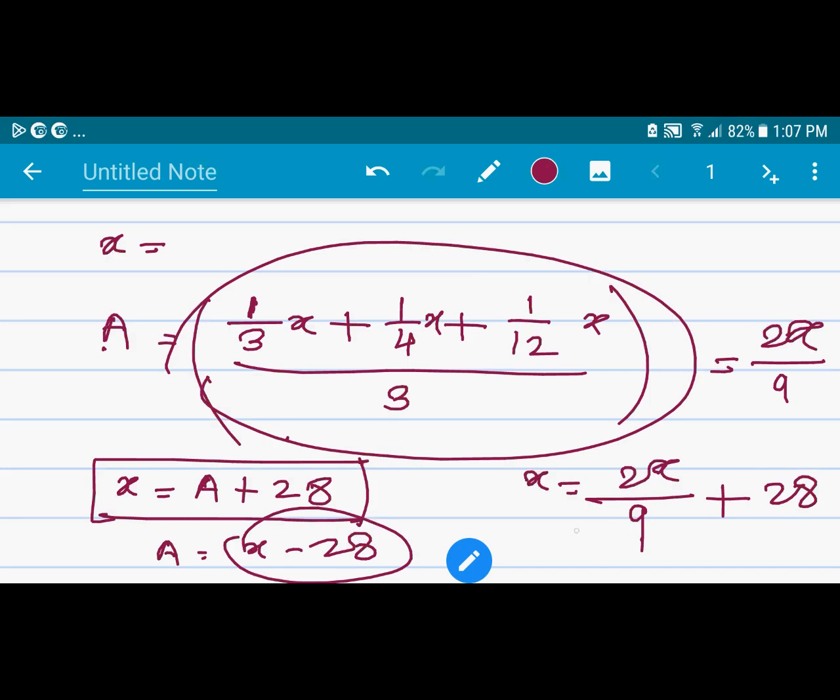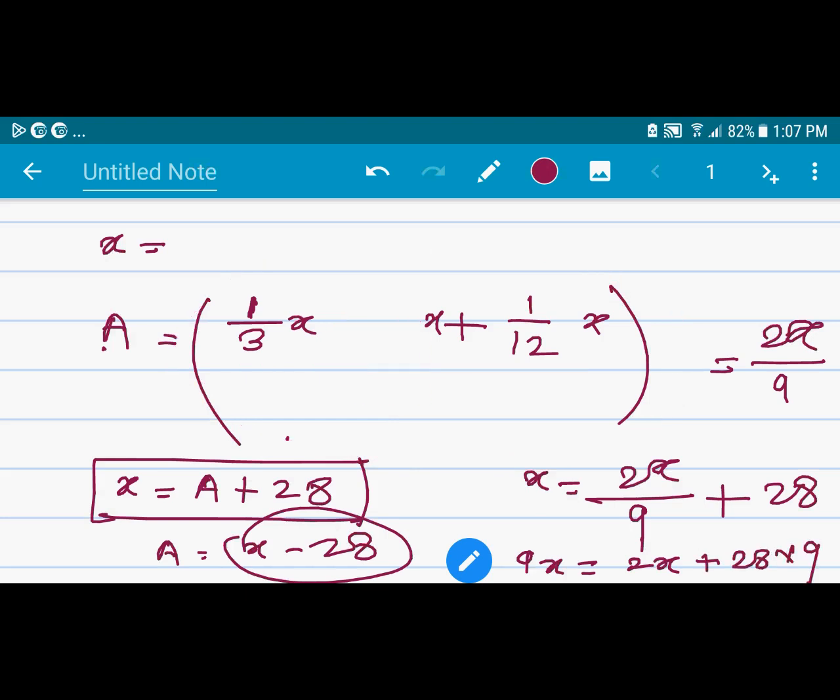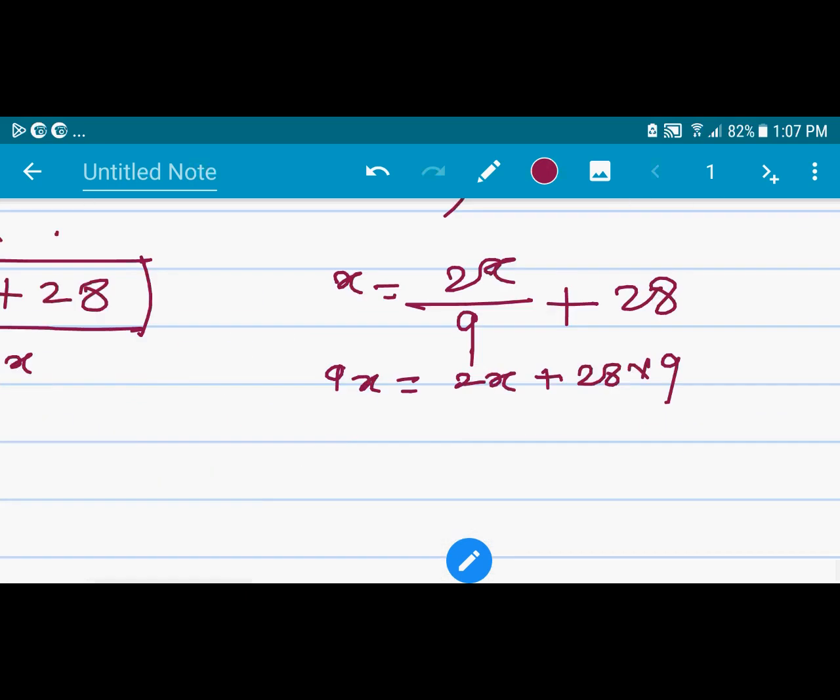Now to cancel this denominator, multiply everything by 9. So x multiplied by 9 becomes 9x, 2x will remain as 2x, and 28 is also multiplied by 9. Now this 2x will come to this side. Here it is positive, so there it becomes negative.